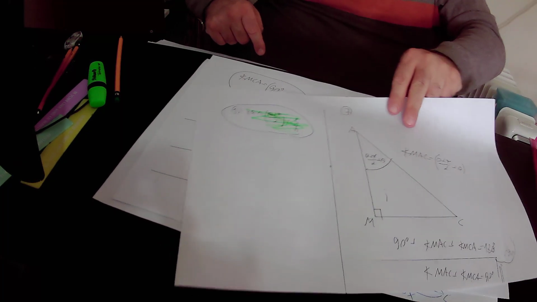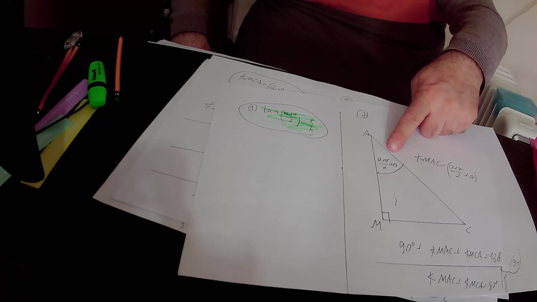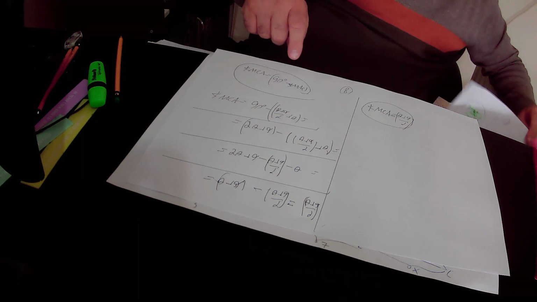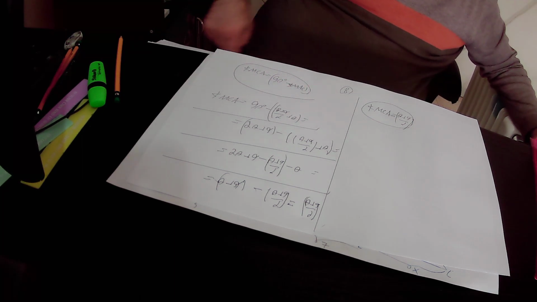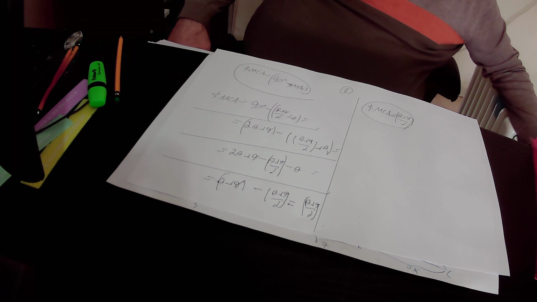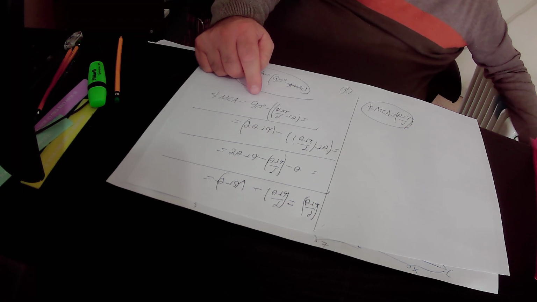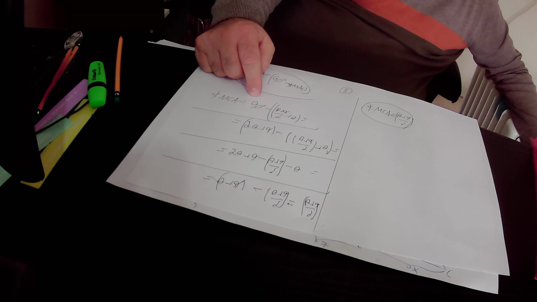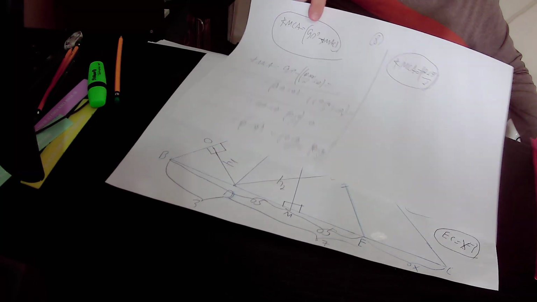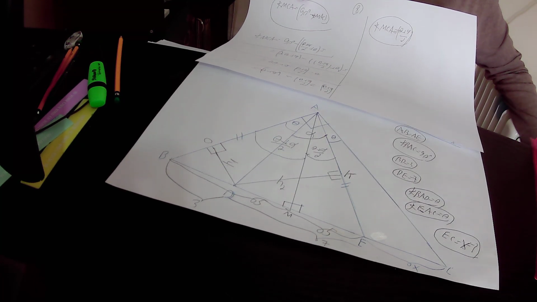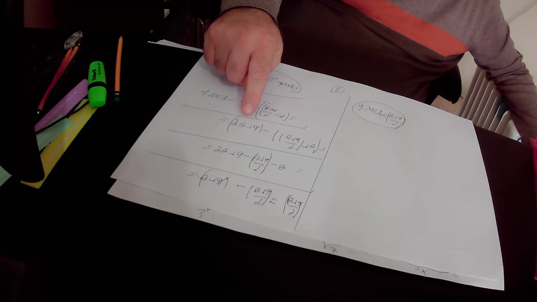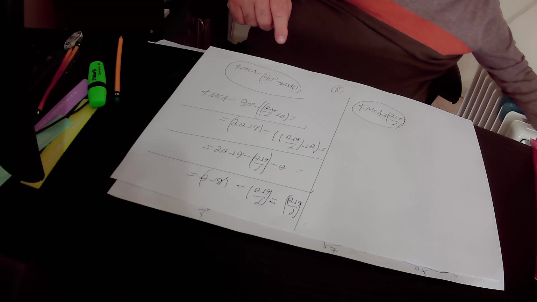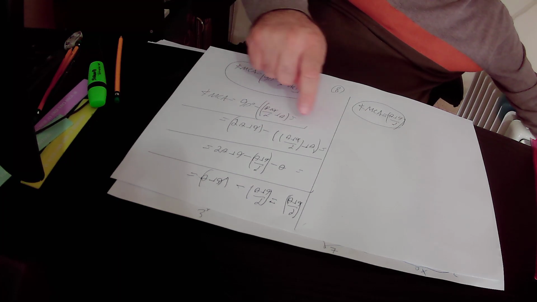And we already found out that angle MAC equals (theta plus alpha) over 2, plus theta. And we know from the drawing that 90 degrees equals 2 theta plus alpha. So we can substitute 90 degrees by 2 theta plus alpha. We did it and we got this expression.